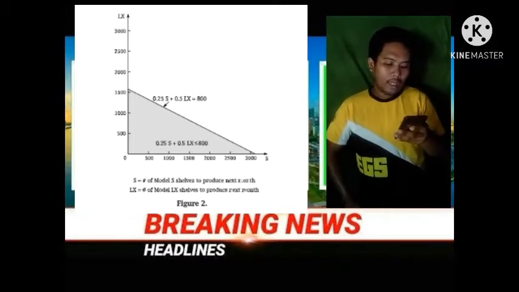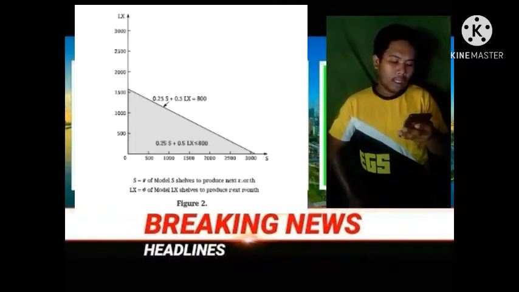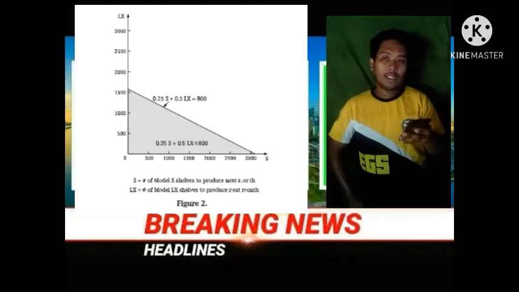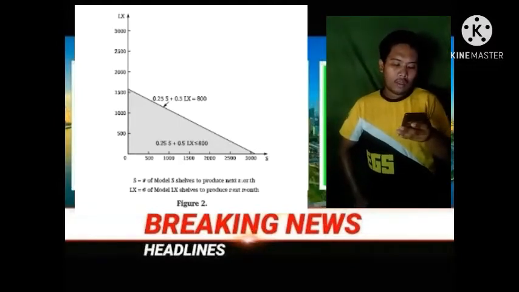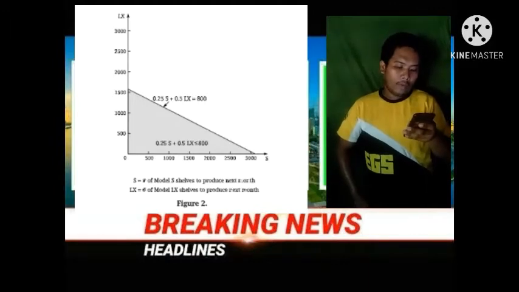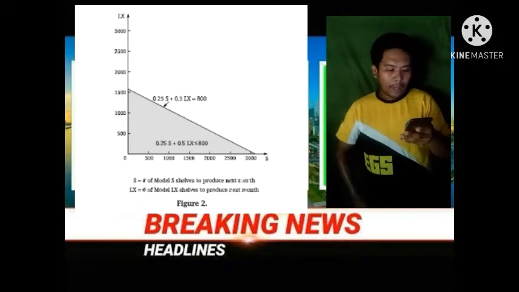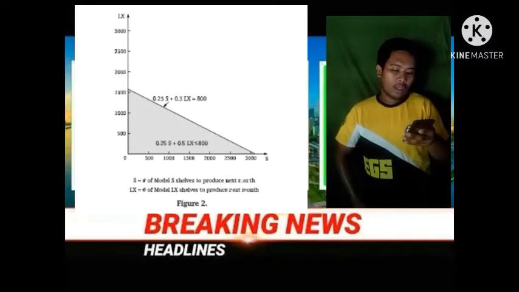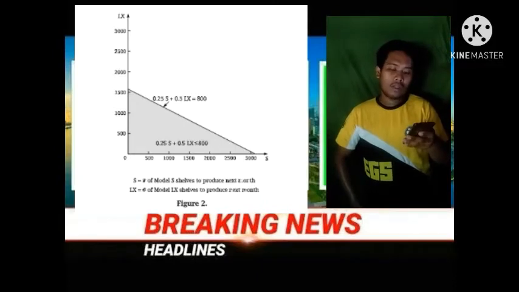The point on the lx axis is obtained by setting s equals 0, so 0.5lx equals 800, or lx equals 1600. So we conclude that the equation 0.25s plus 0.5lx equals 800 corresponds with the line going through the points (s, lx) equals (3200, 0) and (0, 1600).